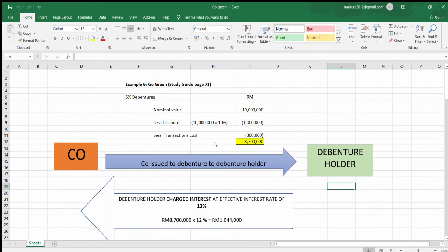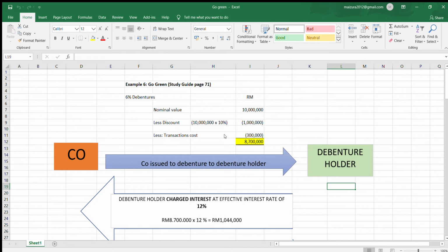The effective rate of interest is 12%, which is the interest being charged, and the transaction costs were 300k. The transaction cost and discount are deducted from the nominal value, and you get 8.7 million in terms of RM.